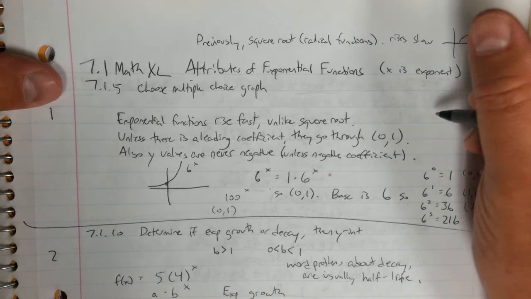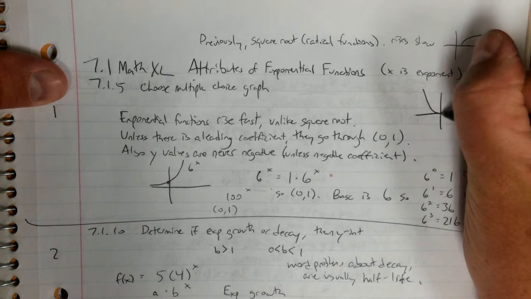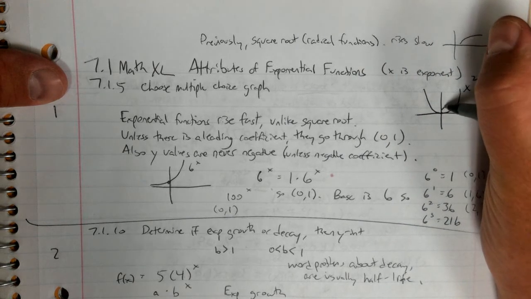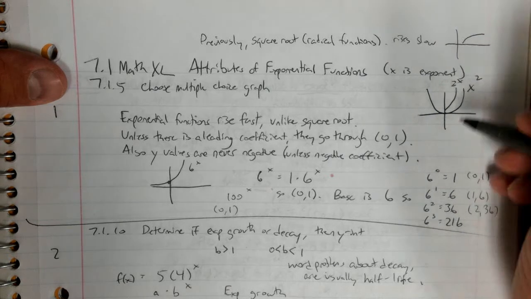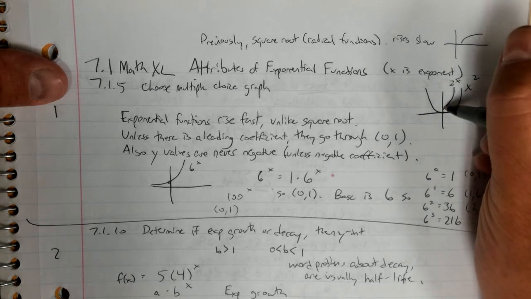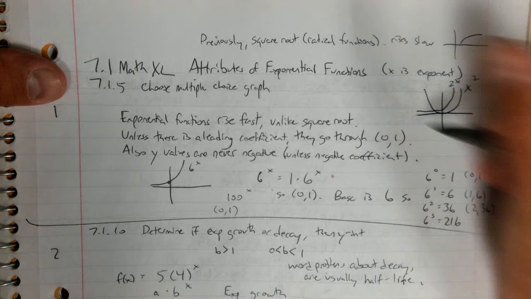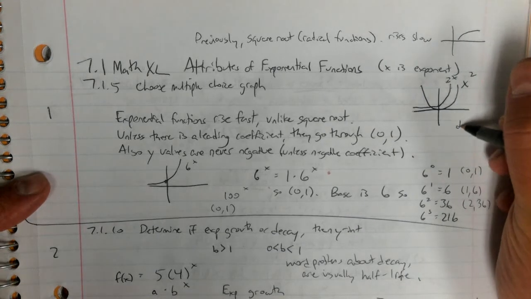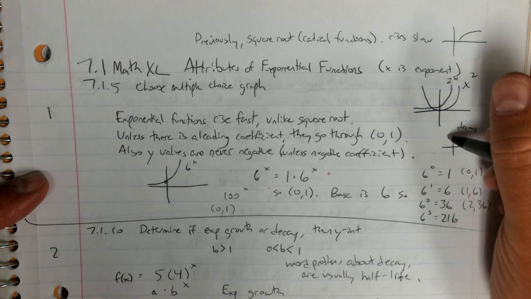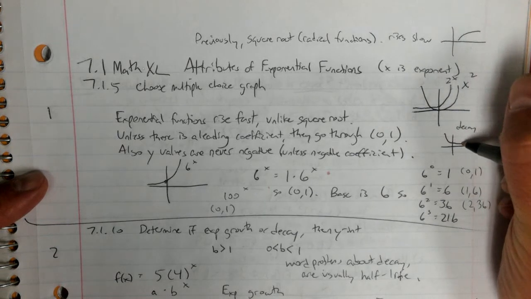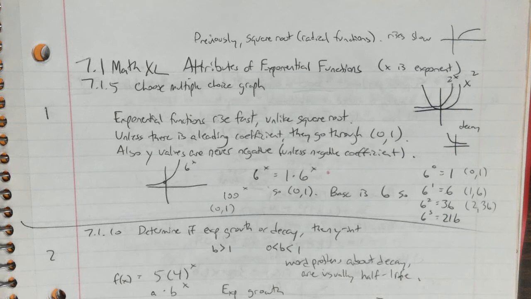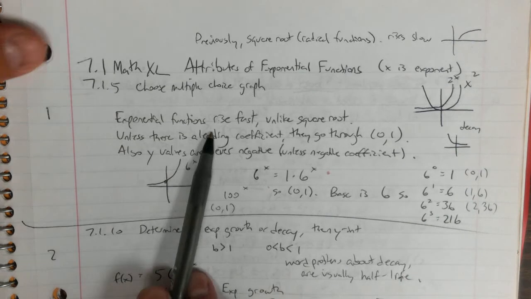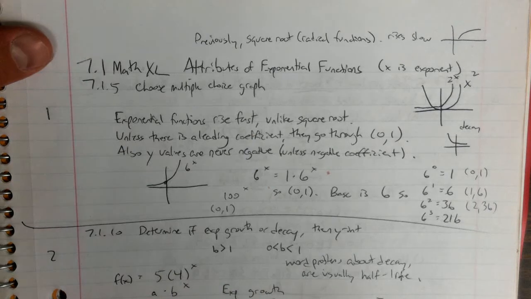Now you're going to compare x squared to 2 to the x, which goes up even faster and stays above. And if it's decay, which we'll talk about in a little bit, it goes like that. So the main thing is that x is your exponent, and exponential functions rise fast, unlike square root.